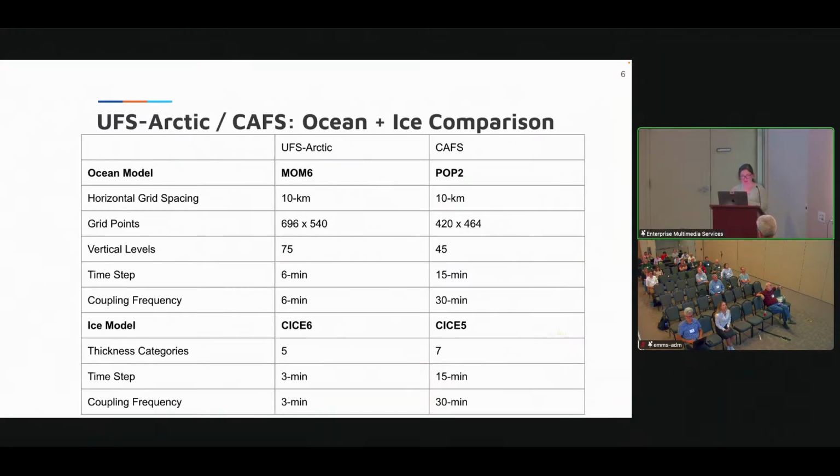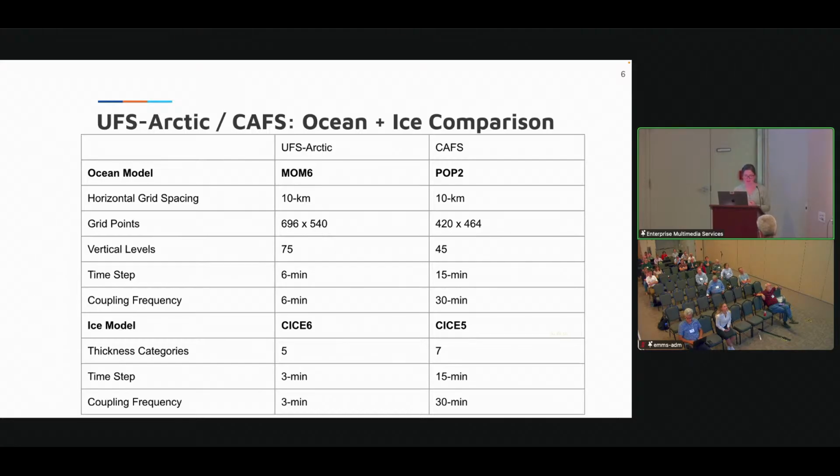One thing just real quick, and I won't go into the details too much, but I have some comparison between the UFS Arctic that we're working on and the CAFS model that is currently running. One of the big differences is that we're using the same component models that are in UFS. So we're using MOM6, whereas it had POP2. We're using SICE6, and it had SICE5.